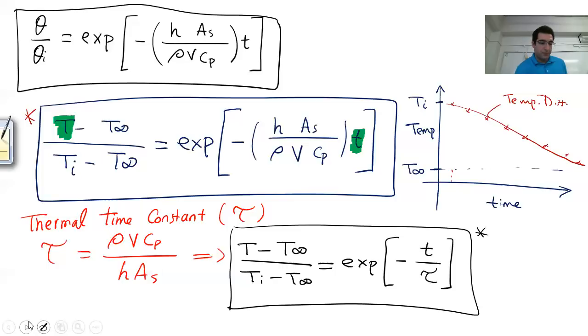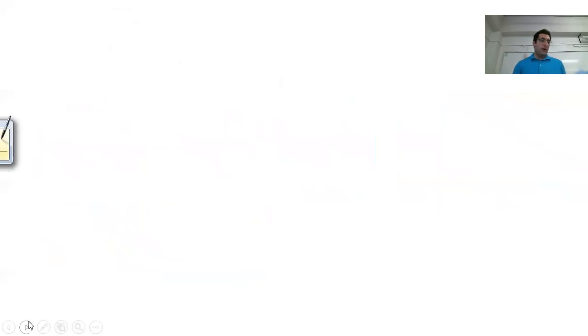Now let's define a new number. So far we worked with a Reynolds number, perhaps, mostly in fluid mechanics and convection we're going to cover.